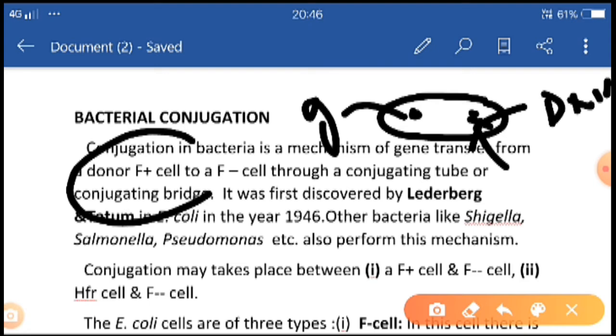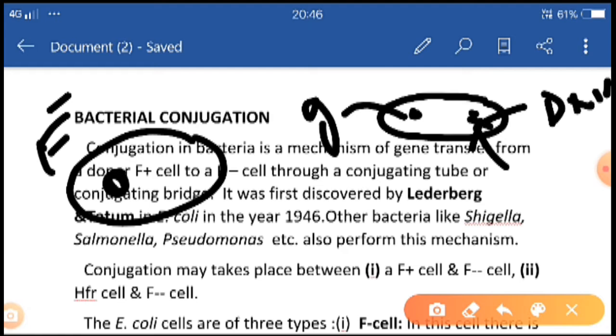Similarly, if it has only the genophore and no extrachromosomal DNA, then it is F minus.